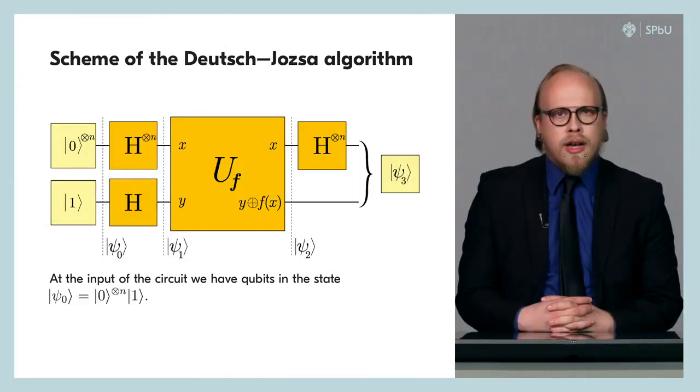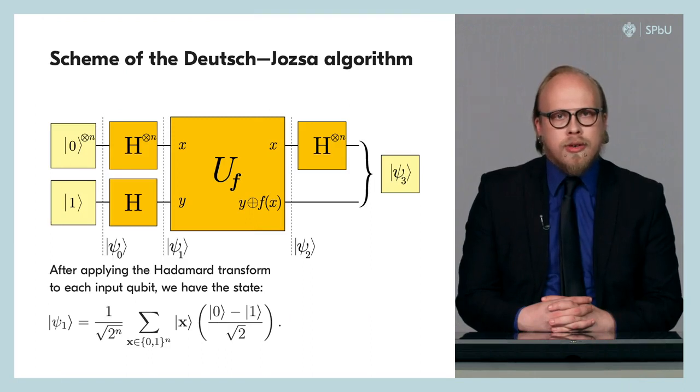The first n qubits in state 0 are used to prepare various values of the argument of the function f with the help of the n-qubit Hadamard element. And the last qubit in the state 1 is used as before to create the corresponding relative phase factors, that is, to create the necessary quantum interference between the corresponding states after the transformation U sub f, carried out with the help of the oracle.